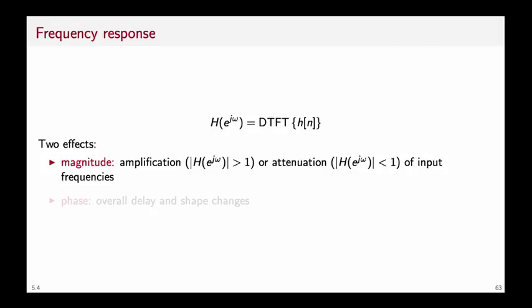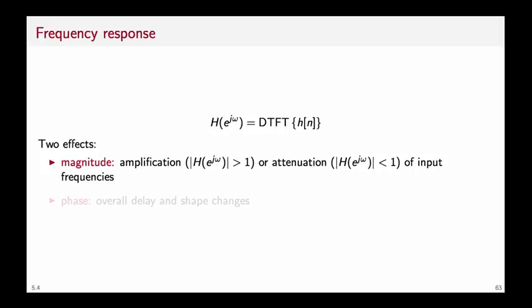The Fourier transform of the impulse response is called the frequency response, and just like in the case of the single complex exponential, we can split the significance of the product in the frequency domain by separating the effects of the magnitude and those of the phase.